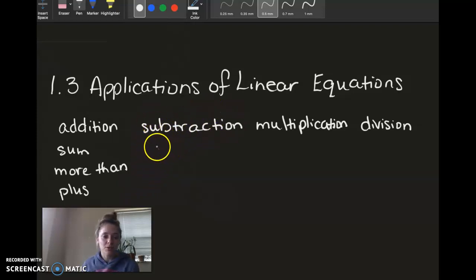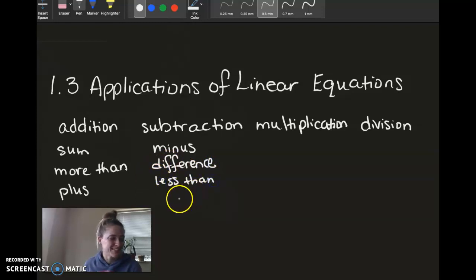Subtraction, words that would go along with that would be things like minus, difference, less than, of course, subtract, that makes sense, decreased, so say decreased by. Addition, we could have increased by.